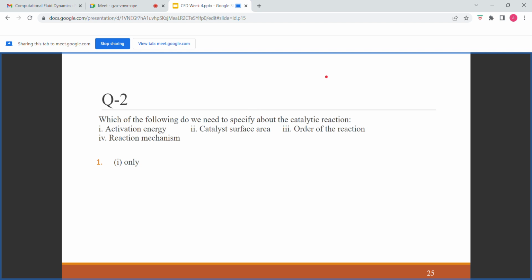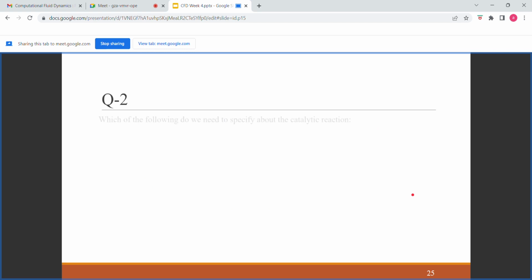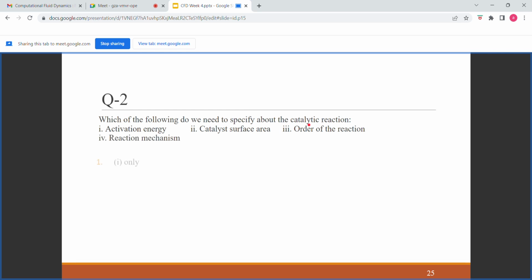That is what we saw in the previous problem solution. Stoichiometric coefficients, order of reactions, and constants in the rate equation should be known. So activation energy, catalyst surface area and order of the reaction should be known. The answer to this problem is option 3.